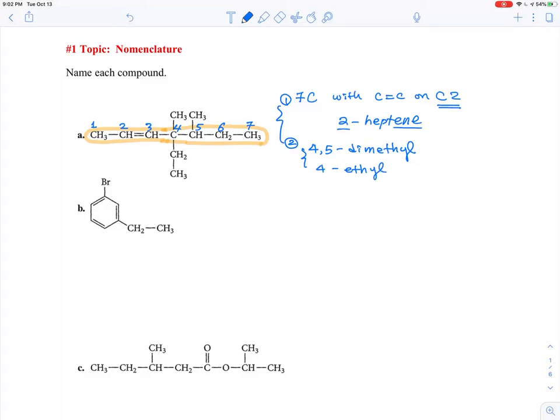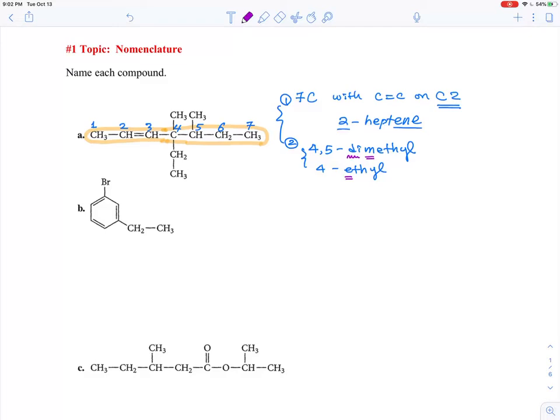Now I need to set up the priority of which one comes first, which is alphabetical order. With dimethyl, di means 2, so it's not counted. What is being counted here is the M or the E. Ethyl comes first.